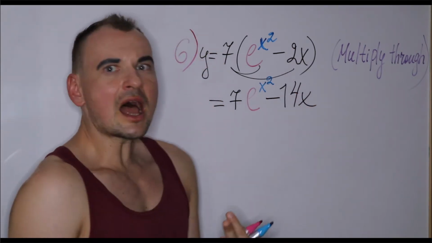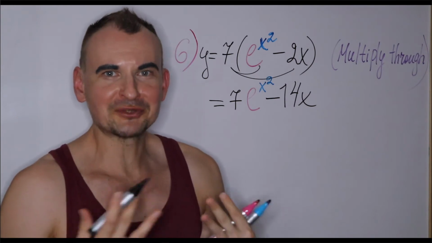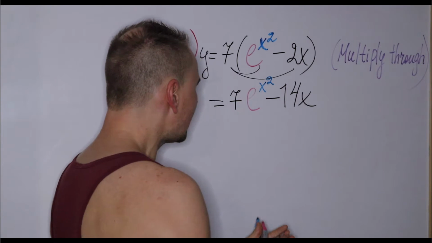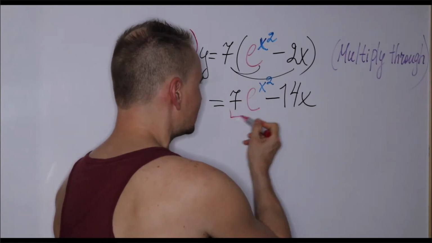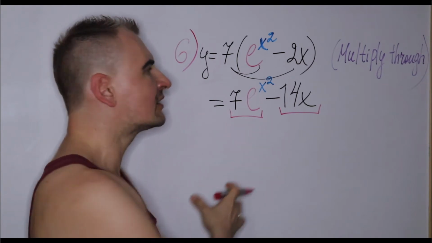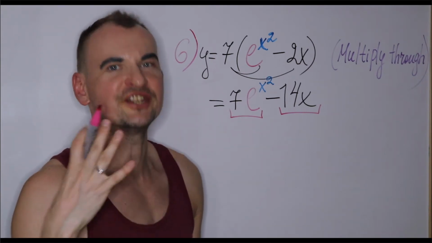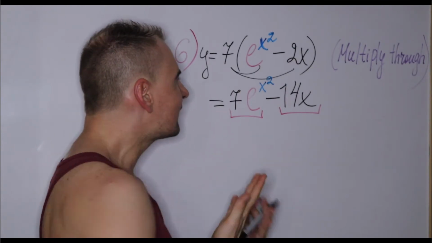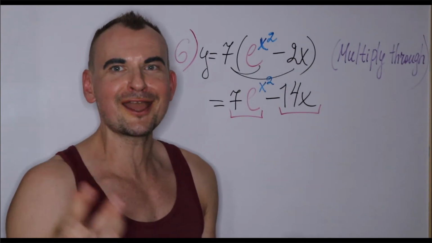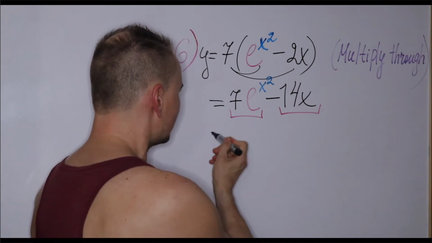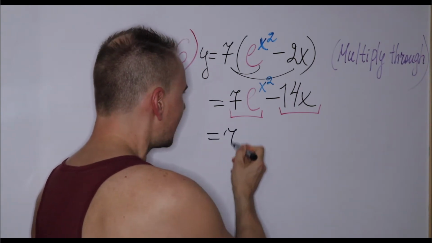And again, life becomes much easier. You are given 2 chunks, and the way you would find the derivative, you want to take the derivative of the first chunk minus, subtract off the derivative of the second chunk. So look at the first chunk. Again, it's e to the power, and chain rule kicks in. So first of all, you want to keep this coefficient 7 in front.